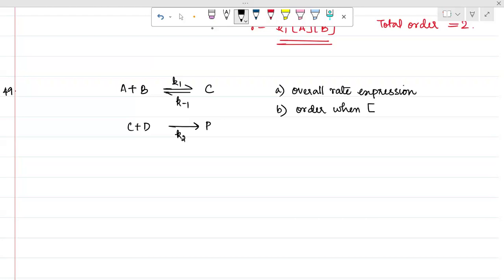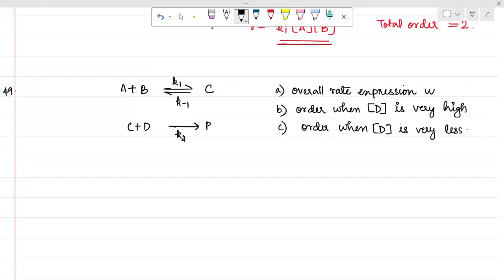when the concentration of D is very high. Sub-question C is the order when the concentration of D is very less. Okay, very important.